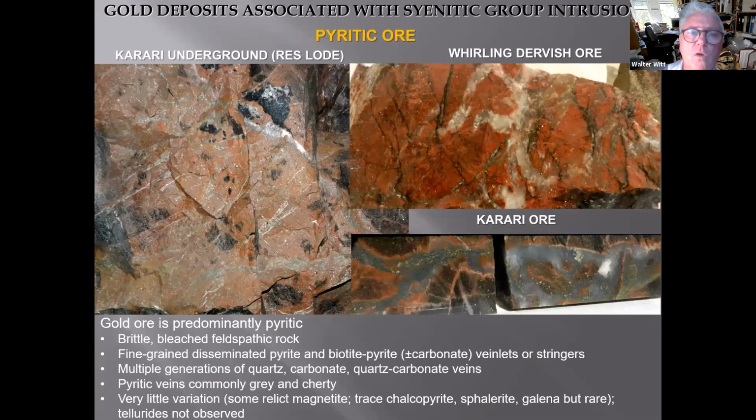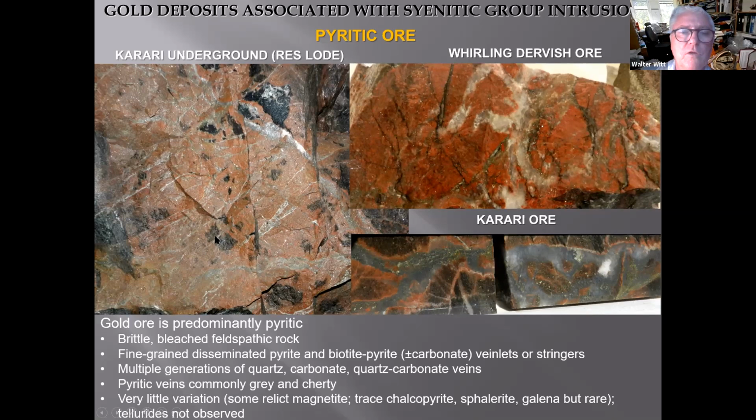This is what the ore looks like at Karari, bleached but reddened by hematite dust, with relics of the former high temperature biotite or potassic alteration. The pyrite is predominantly disseminated and forms small veinlets as well.